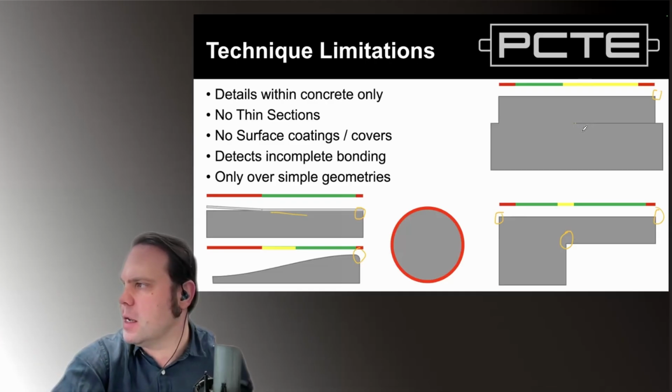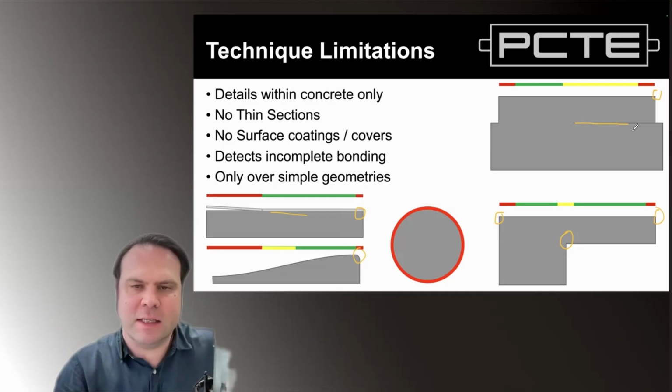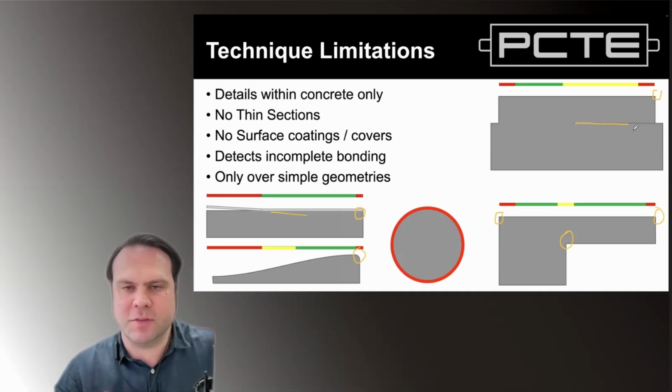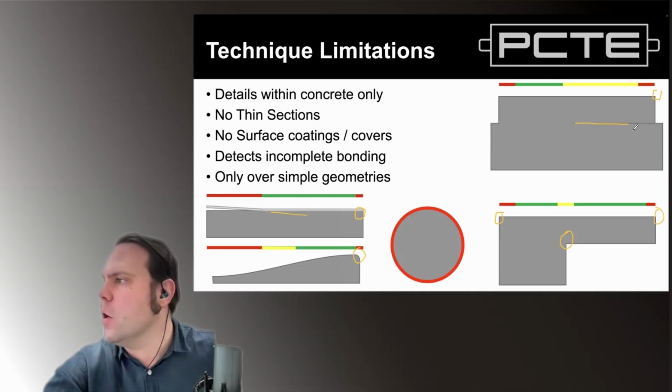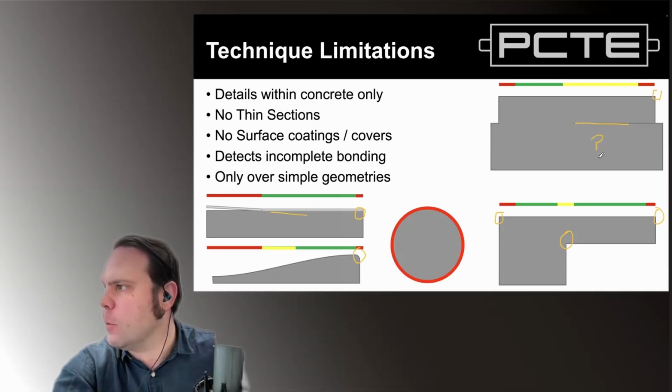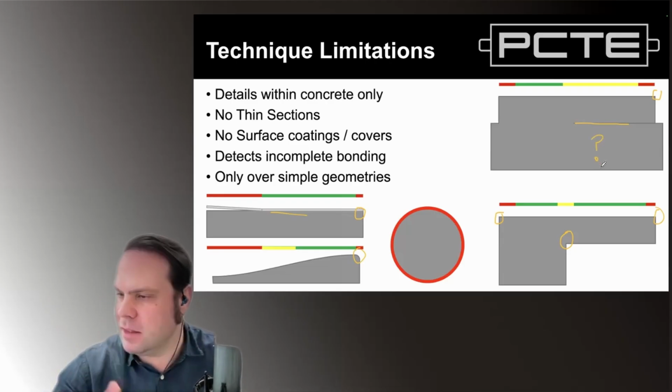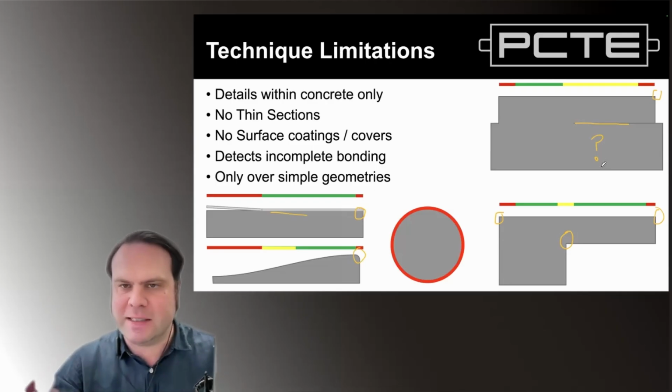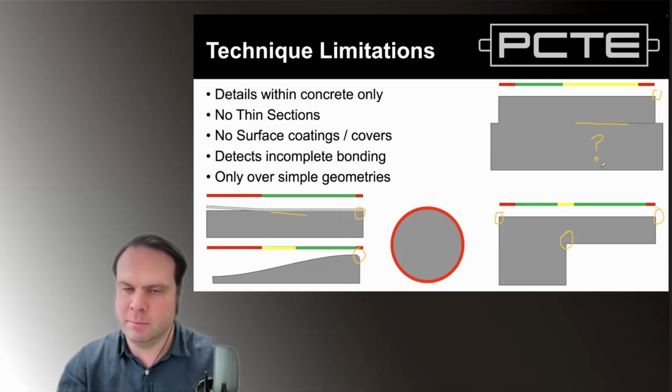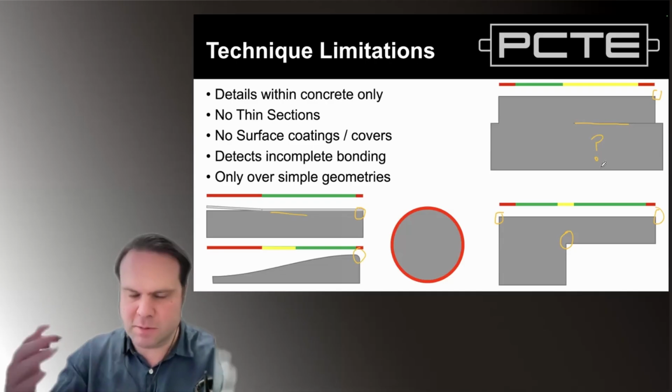I also would like to highlight that if we have a delamination, we're going to be testing the thickness to that delamination, or the influence of that delamination on the test. We're not going to know anything about what's happening beneath that void, beneath that defect. Impact echo stops at the first break, so a delamination or substantial void.